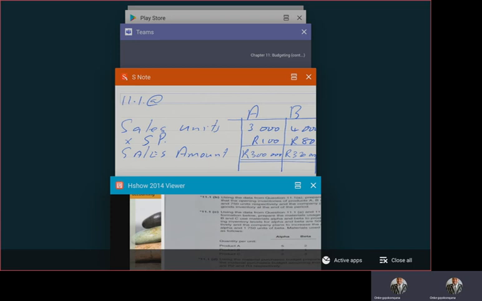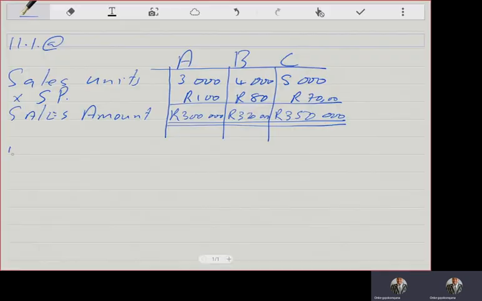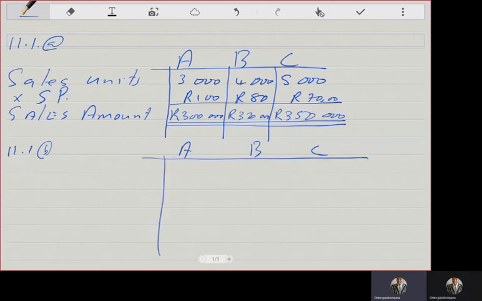As we've mentioned, when we look at the production budget, what we want to check is if the company has enough capacity to meet the sales target. So again, it's going to be your A, B, and C as the columns. Your starting point here is going to be your estimated sales.